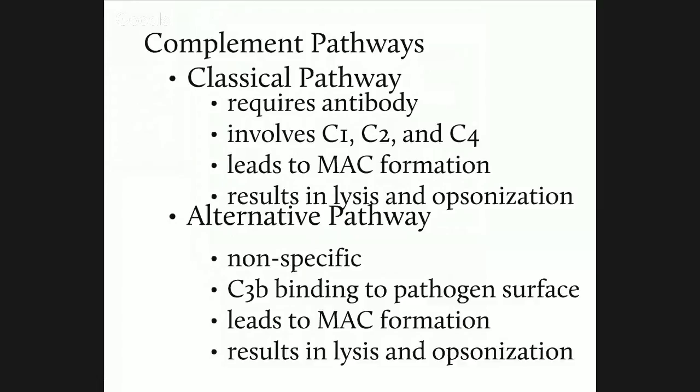It involves complement proteins 1, 2, and 4, which are just involved in the classical pathway. It leads to membrane attack complex formation, which results in lysis of the cell and opsonization, enhanced phagocytosis, to get rid of that lysed cell.